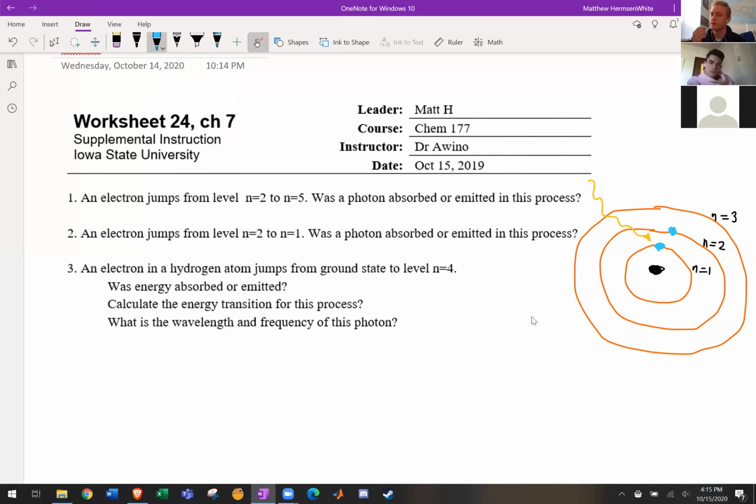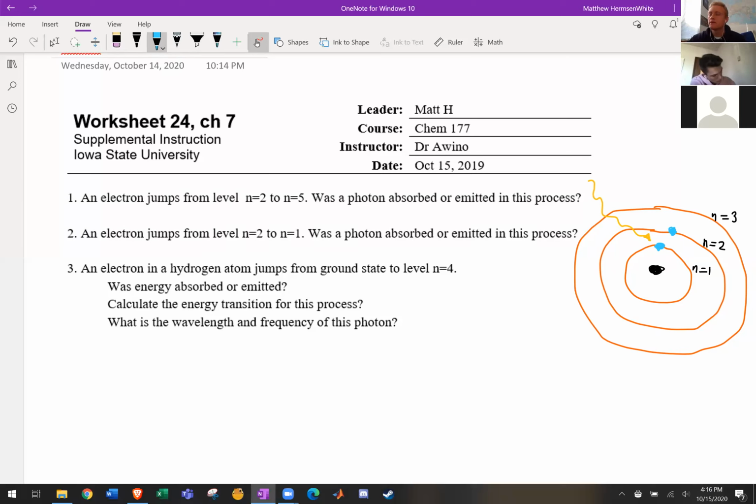So remember yesterday we calculated the energy of the photons. That's how much energy the electron would get. Now, obviously moving up a level is going to mean you're gaining energy or you're absorbing. So moving up levels is absorbing, and moving down levels is emitting energy. So that should give you some insight into numbers 1 and 2.